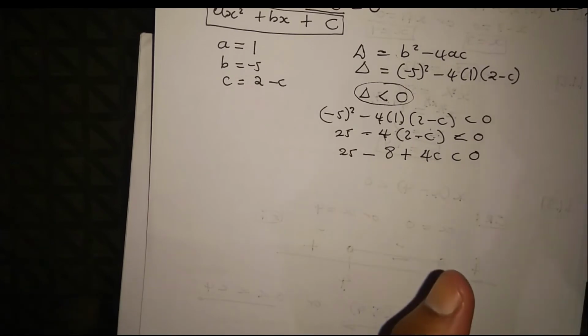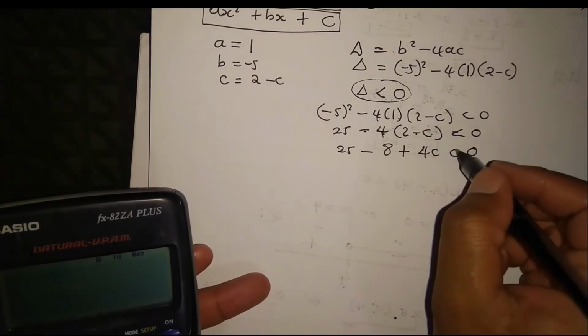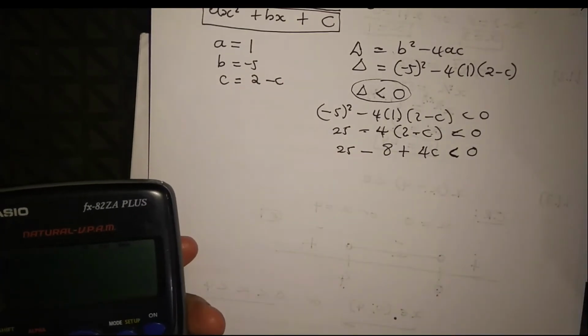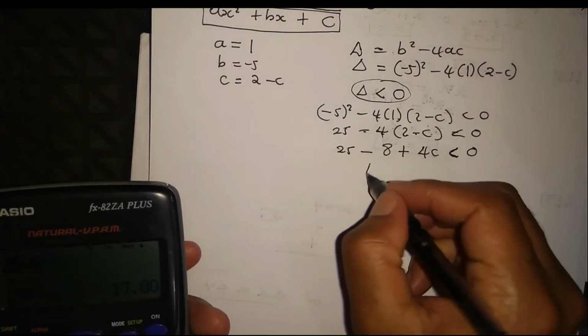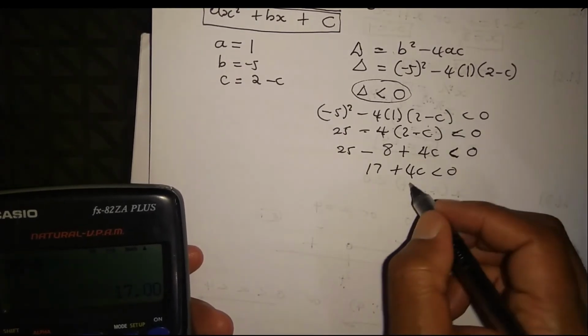This is an inequality, not a quadratic. So we're just solving for c. 25 minus 8 is 17 plus 4c less than 0.